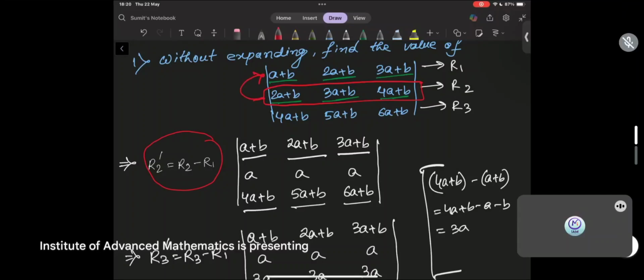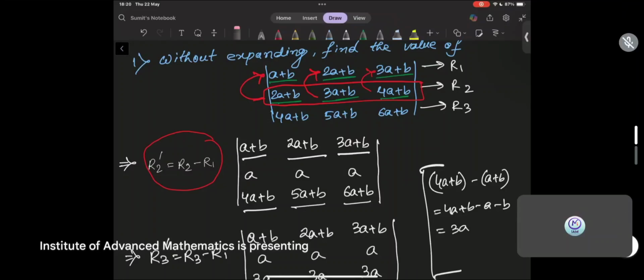So 2a plus b and above it a plus b, if you subtract, a will come. Again 3a plus b and 2a plus b, if you subtract, a will come. 4a plus b and 3a plus b, if you subtract, a will come, correct? So all came a only.